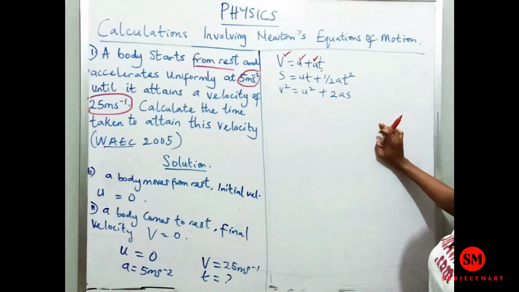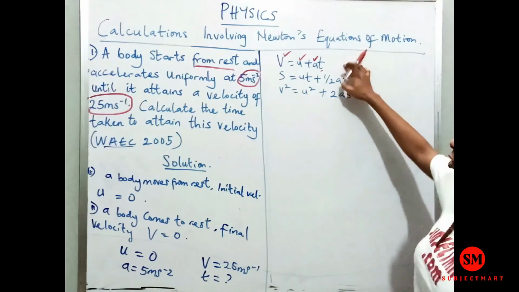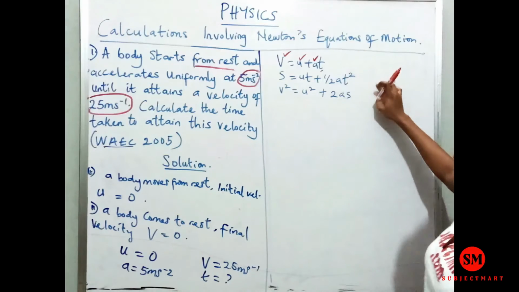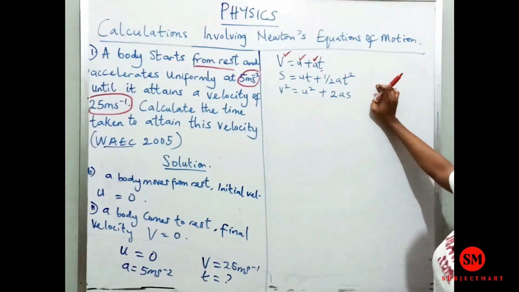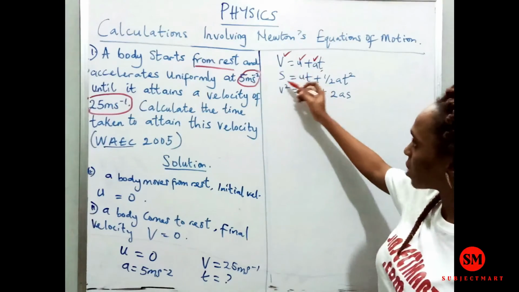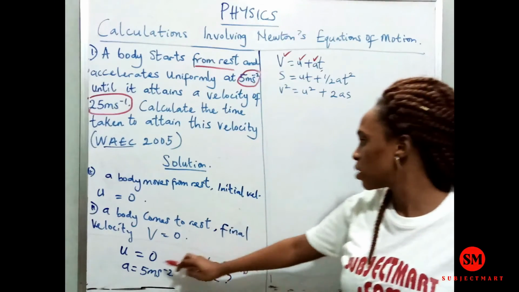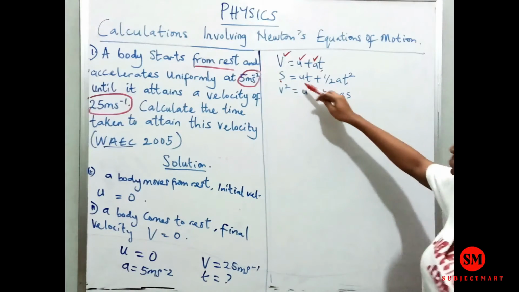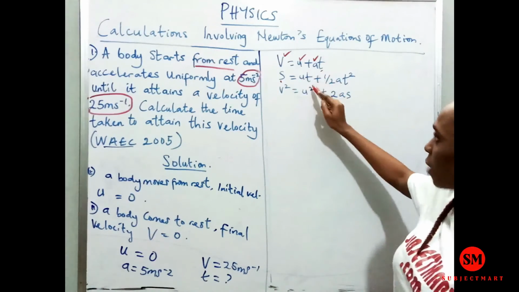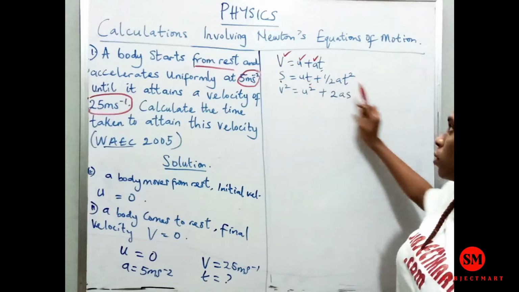Now let's move to the second equation. I'm just going to do first and second. We compare which of them we are to use before we move on. So for the second one, s. Do we have s, which is distance? No, we don't have it. Do we have u? Yes. Do we have t? No, we don't have it.